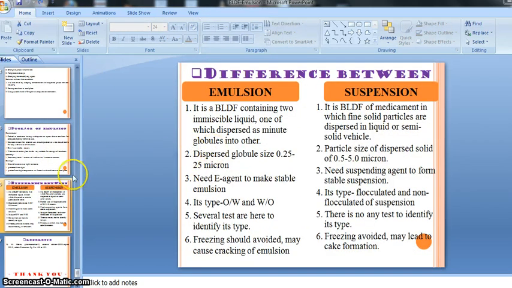Then our last remaining portion is the difference between emulsion and suspension. We already studied the suspension, right? This is our last topic from the emulsion chapter.